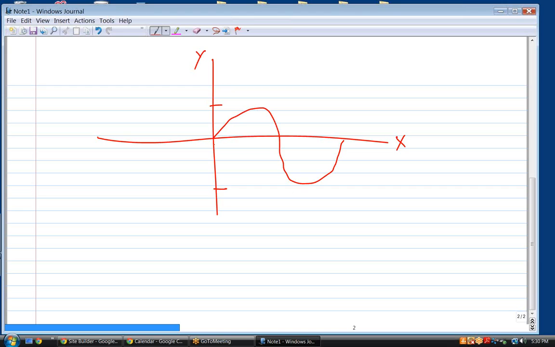The 5 on the x are going to be 0, pi over 2, pi, 3 pi over 2, and 2 pi. And you realize why those are key points? Yeah. Because this is where it reaches its high, this is where it reaches its low, and these 3 places are where it crosses the x-axis. Yeah. So on each trig function, you basically want to be able to do this.